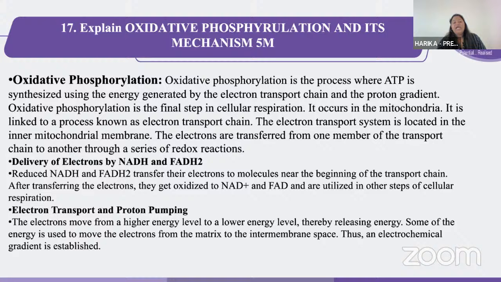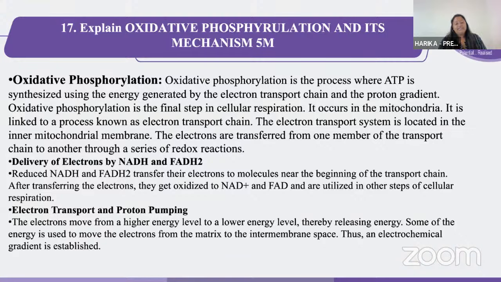So next is our electron transport and proton pump. Electrons move from a high energy level to a low energy level. While they're moving from high energy to low energy, they release some energy.